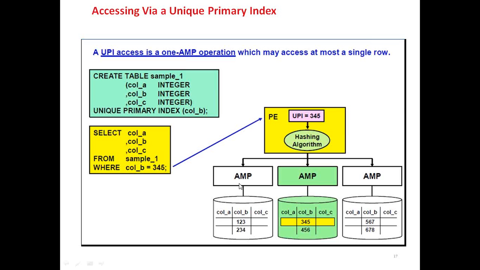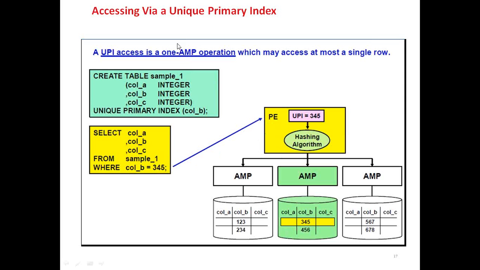It can jump to that particular AMP, get the data of all the rows which have the same primary index value, and retrieve the answer set. So in case of a non-unique primary index also, it is always a one AMP operation. It is not only for a unique primary index but for a non-unique primary index also.